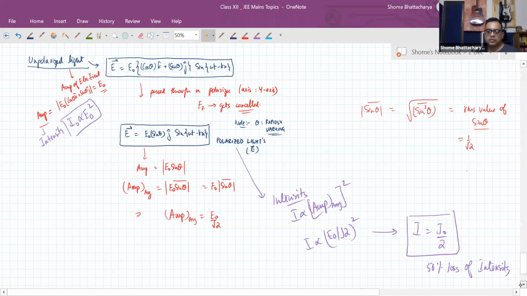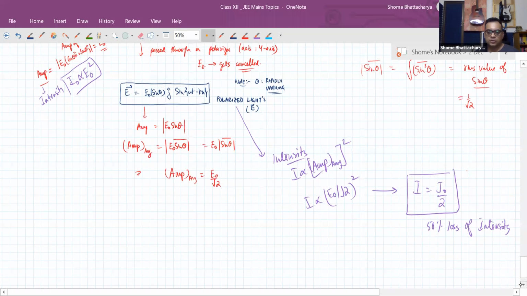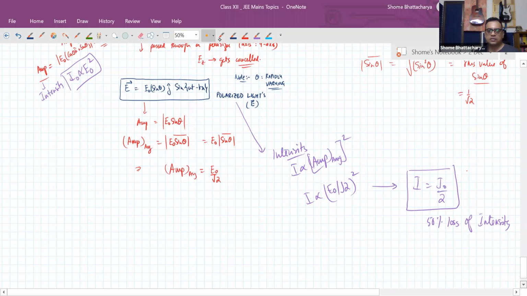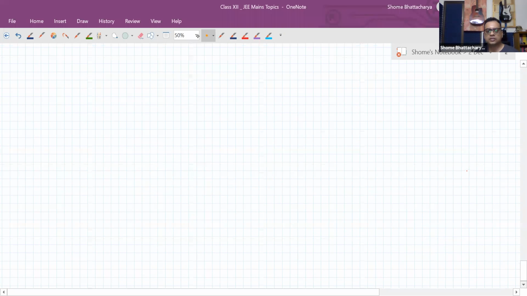So that's first and foremost a fact you have known. Now the next thing which is very interesting, using a combination of polarizers or polarizing filters.